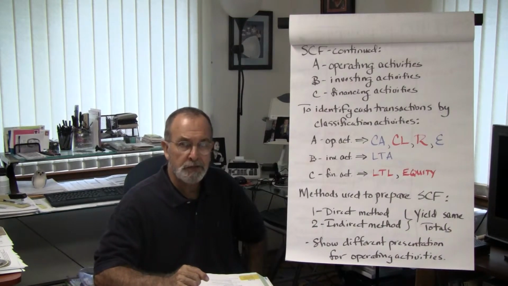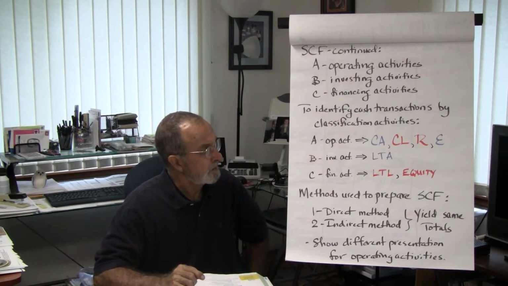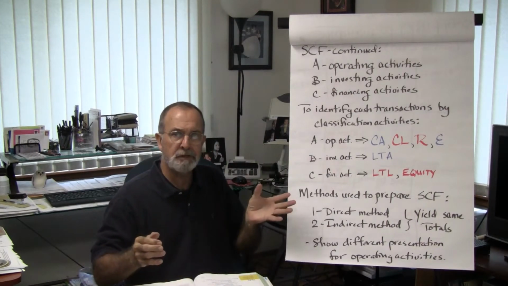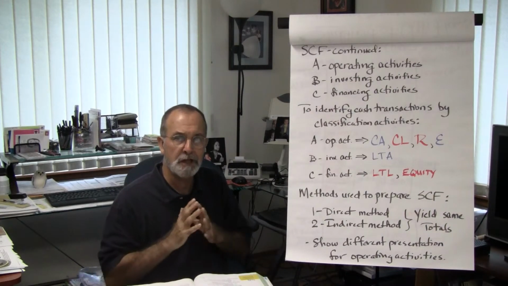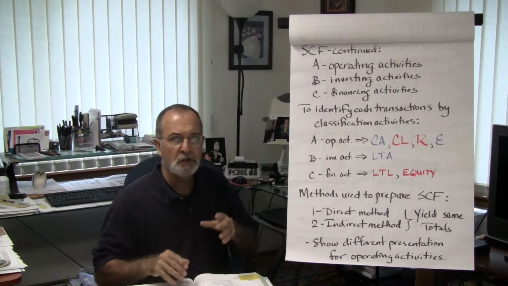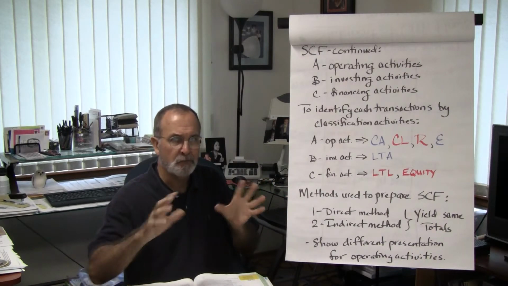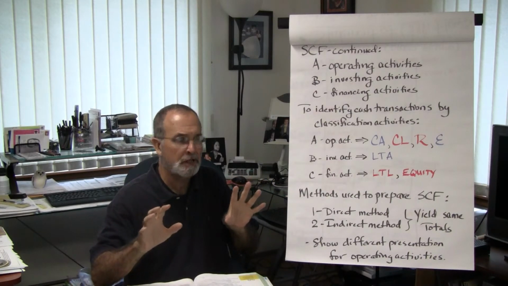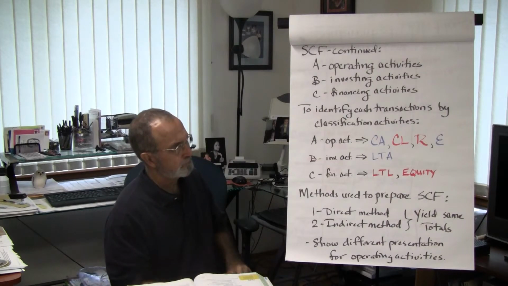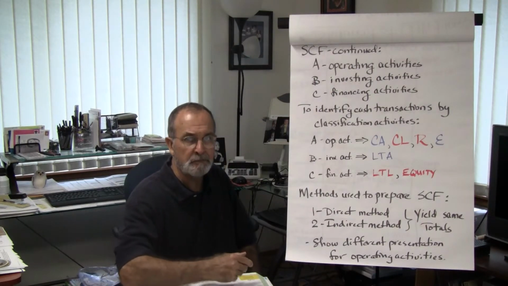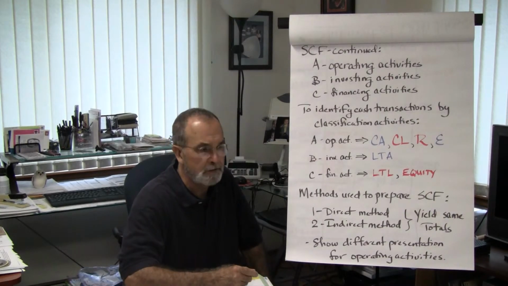If we're a merchandiser, anytime we buy inventory for cash, we would debit inventory and credit cash. Anytime we buy inventory on credit, we would debit inventory and credit accounts payable. So again, relationships between accounts on our financial statements help tremendously in working through the statement of cash flows from beginning to end.